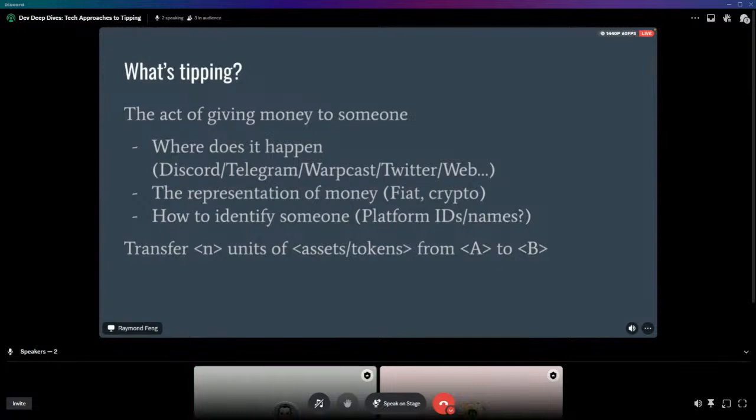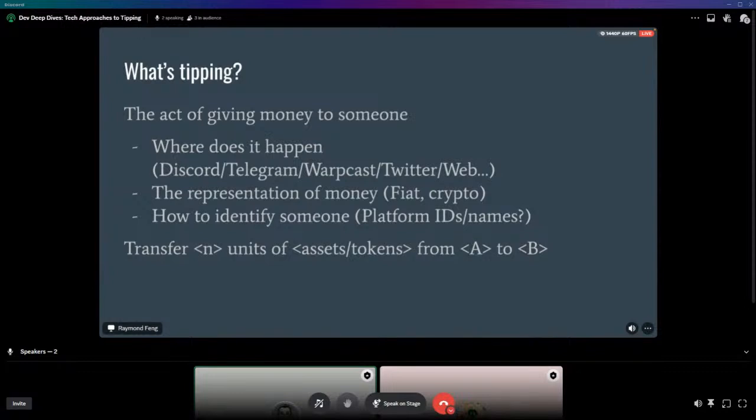Sometimes you want to appreciate someone providing good service, or you like giving good feedback on somebody who created content online. Those are the different things you can do with tipping. But at the end of the day, it's actually just the act of moving money from your account to somebody else's account.